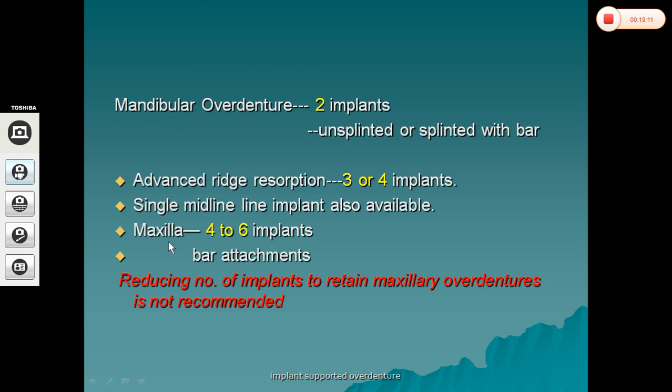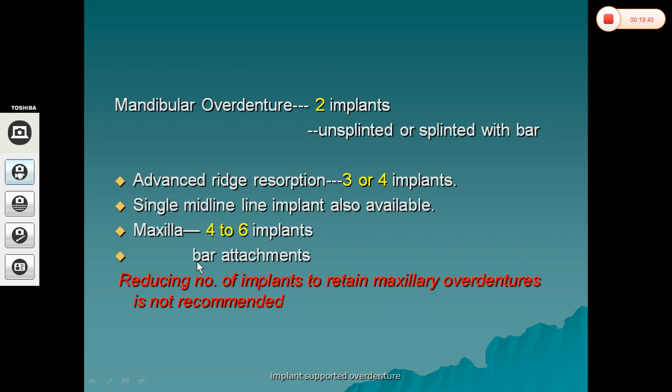Maxillary implant supported overdenture is given when there is opposing natural teeth or when there is opposing FPD. So maxillary implant supported overdenture is given when natural teeth are there in mandible or mandibular FPDs are there. In such cases, 4 to 6 implants are placed and they are connected with bar attachment.